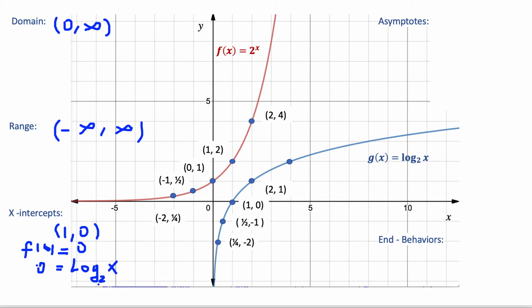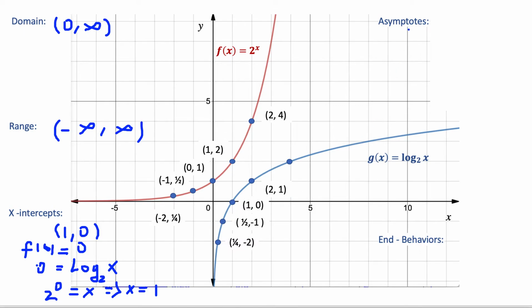As we see, 2 to the exponent 0, converting to exponential form, is equal to x, and this implies x is equal to 1. So if f of x is 0, x is equal to 1, and the intercept on the x-axis is (1, 0), as we have here at this point.